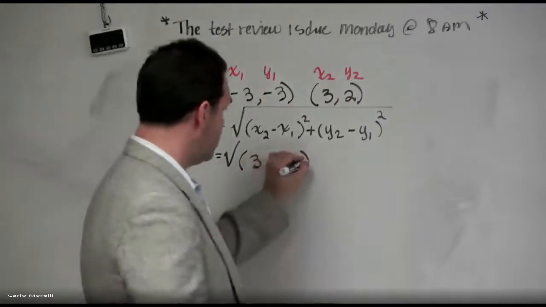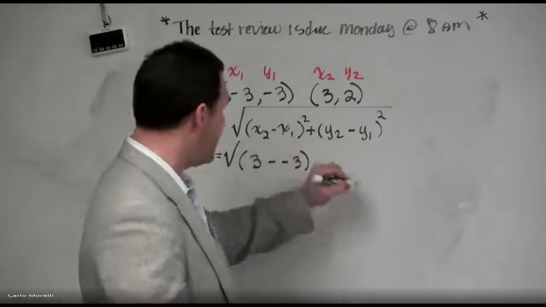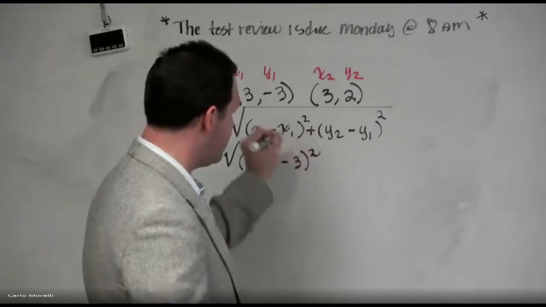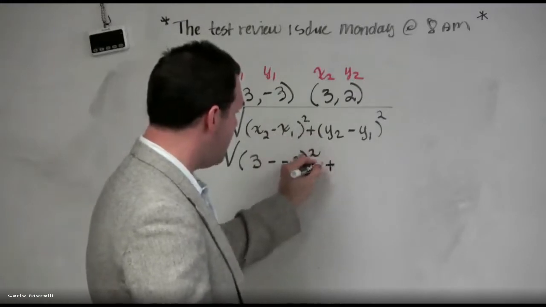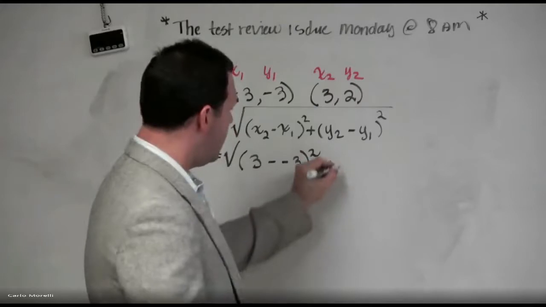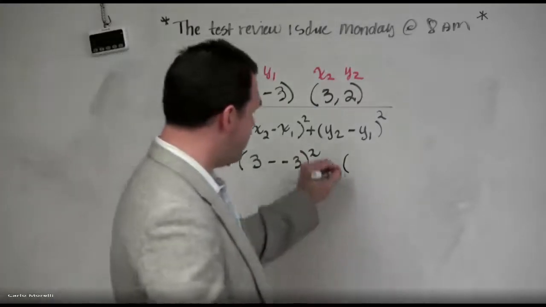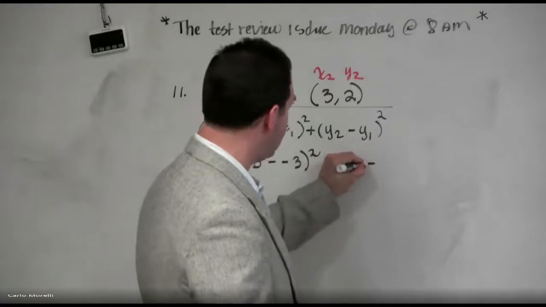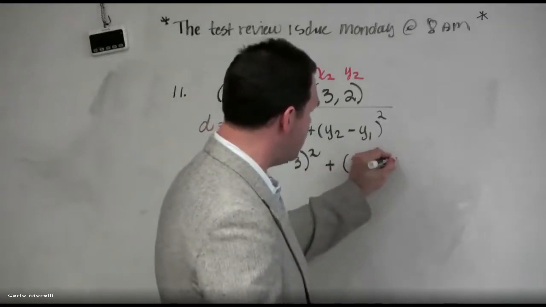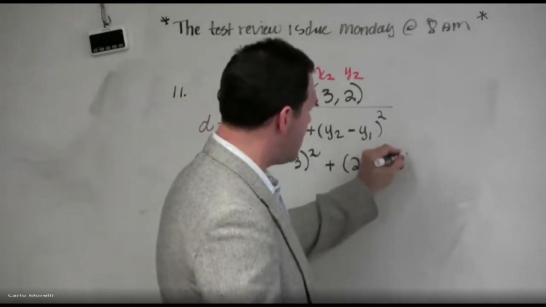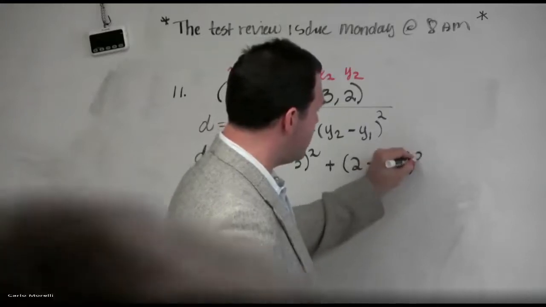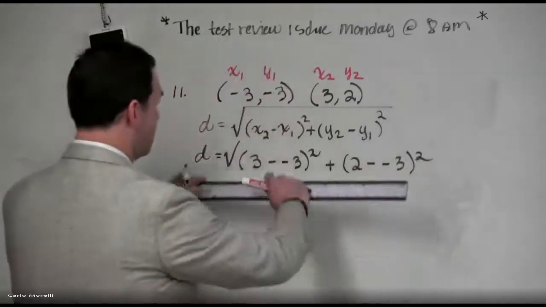Wait, wouldn't that just combine? It will combine to be a plus here in a minute, but I want to show the step. Squared plus, open parentheses. Now y2 is 2 minus y1, which is -3. So it's like 2 minus -3, close parentheses, squared. Okay.